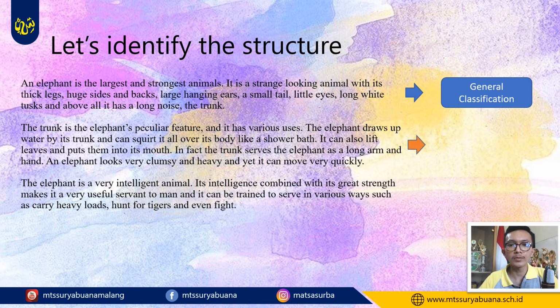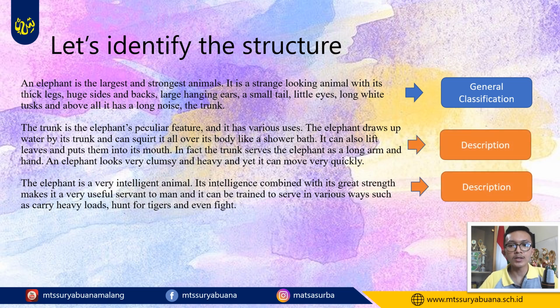And then how about the second paragraph and the third paragraph? It's called as description. Why? Because the second paragraph and the third paragraph talk about elephant. The information is more specific about the elephant itself. So the conclusion, it's called as description.